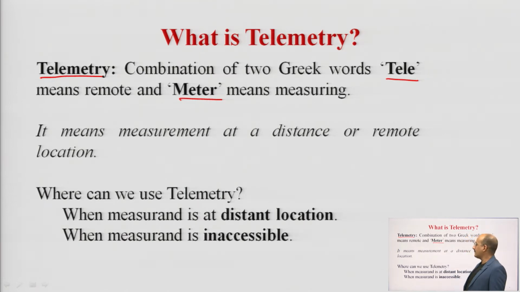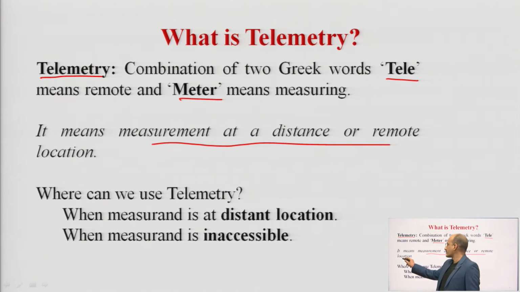So, telemetry means measurement at a distance or at a remote location. Whenever you are talking about telemetry, there are some specific points which are directly related to where we are going to use it, that is, 2 points.